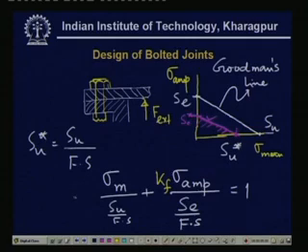So again from this design we can find out AB. That comes from this equation. So this is Goodman's line. Again we have another criterion which is known as the Gerber line, and let us discuss that.